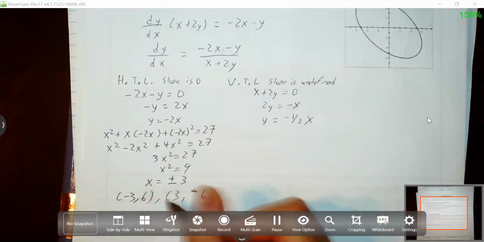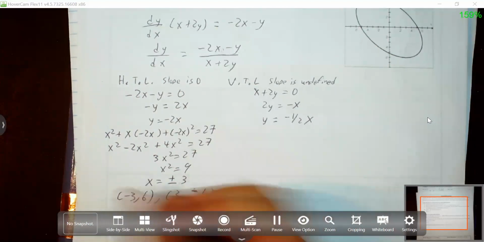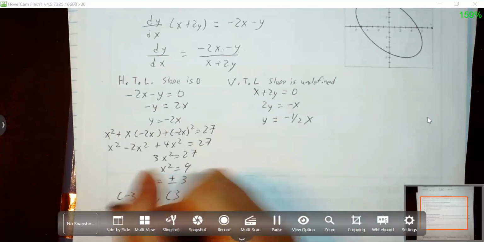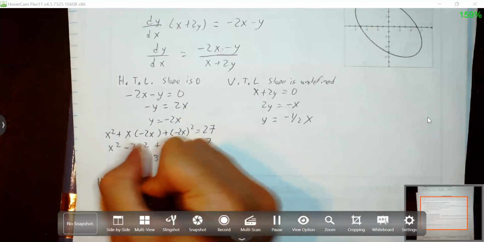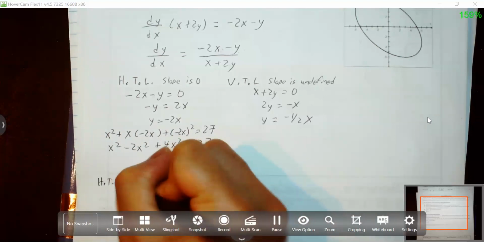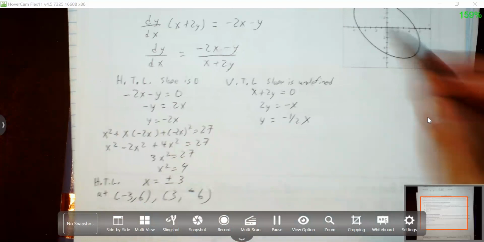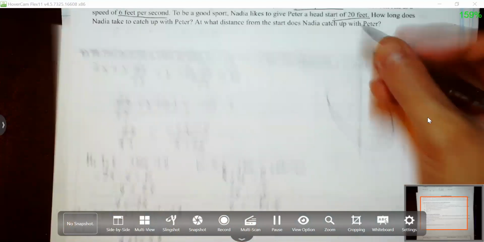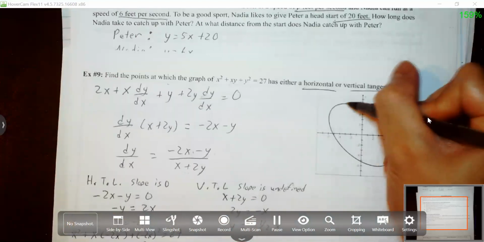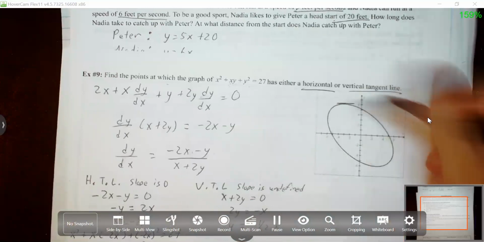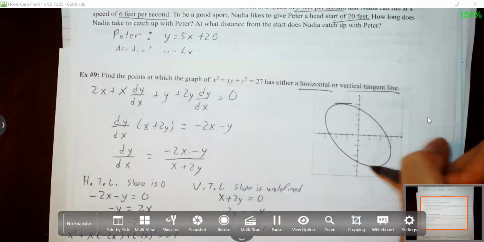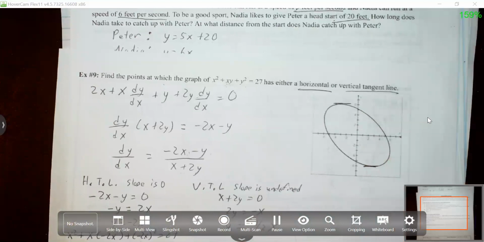So this is where I have a horizontal tangent line. And you can see on this graph at negative 3, 6, it kind of flattens out here. And at 3, negative 6, there's a horizontal tangent line there.